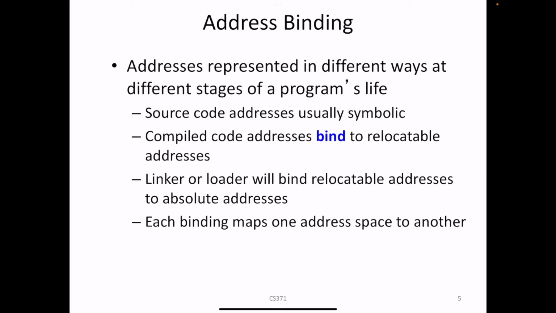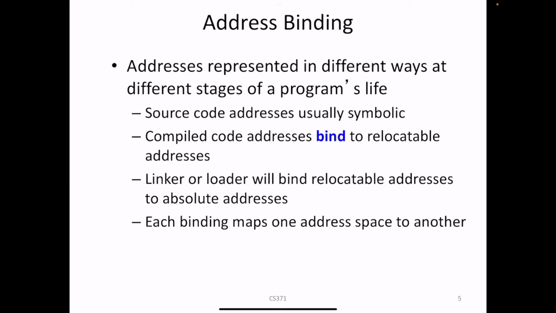For example, we have a 14-byte module starting from a relative address x. As long as we know the beginning address of this module in the main memory, we can locate the entire module. This kind of address is called a relocatable address.